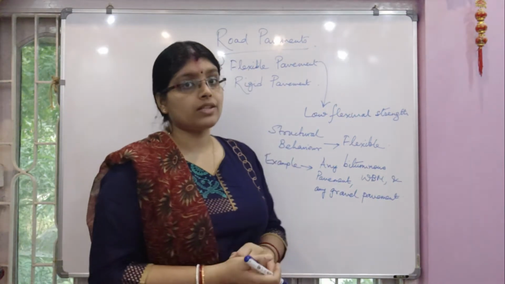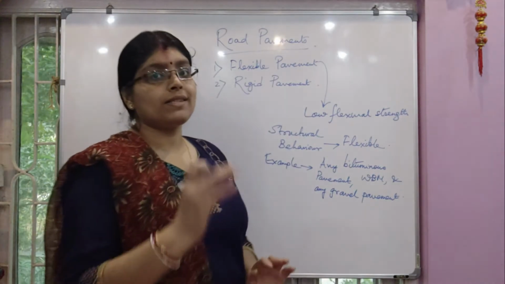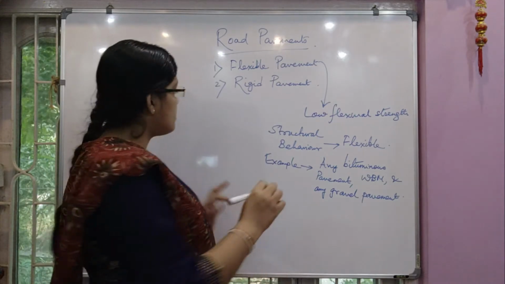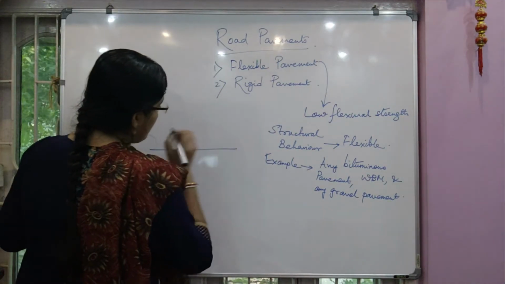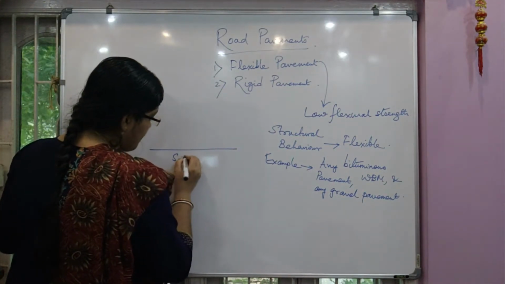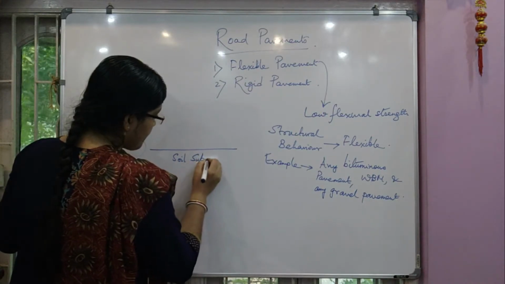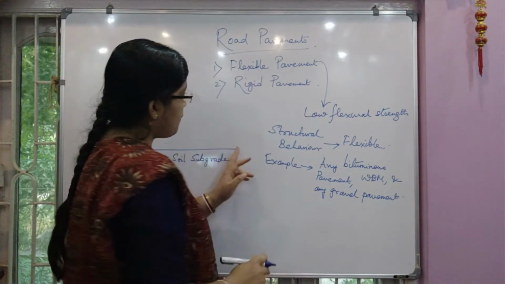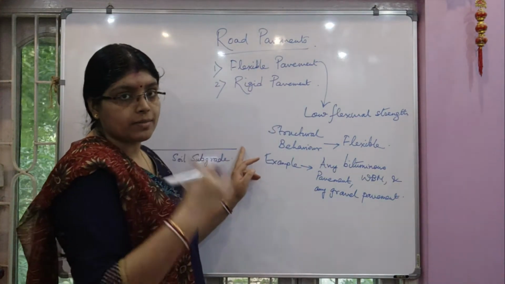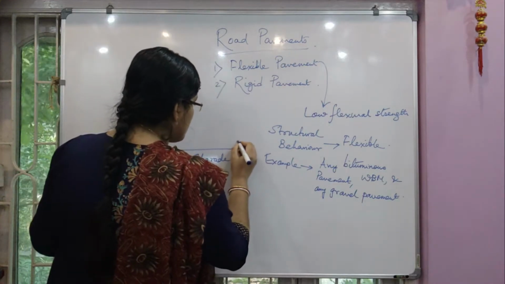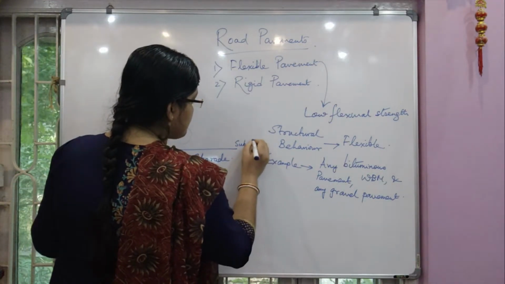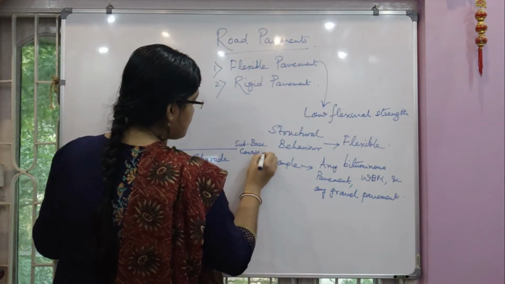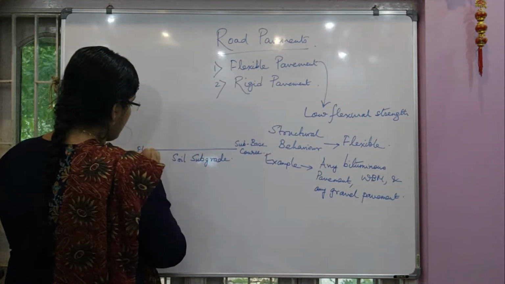Now we will see the structure of a flexible pavement. So basically, whenever we try to draw the structure of any pavement, the basic lower layer will be a soil substrate. In a flexible pavement, the first layer above this soil substrate is a sub-base course. And this is the floor level.